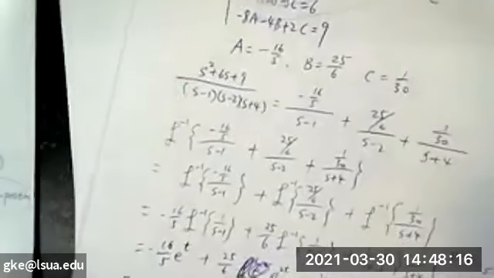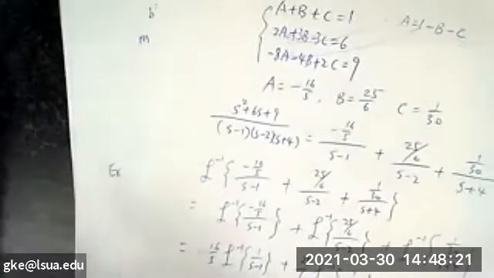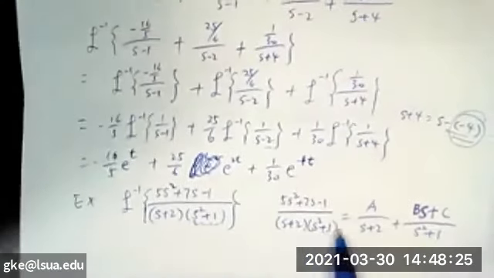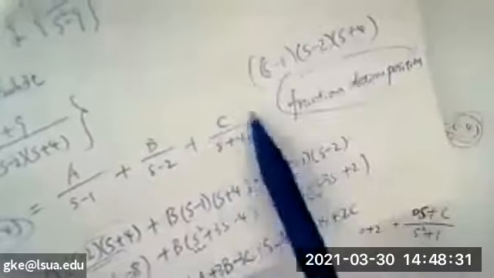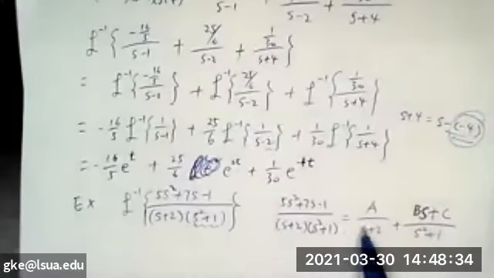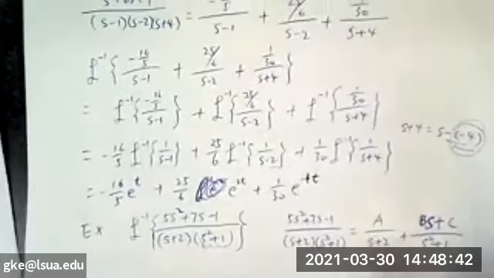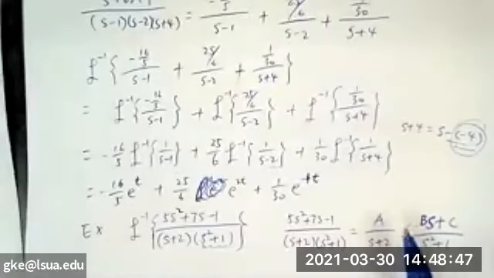We need to multiply s plus 2, s squared plus 1 for both sides. Multiply the whole terms, and then use the coefficients equaling each other to find A, B, C. The same things for this guy.